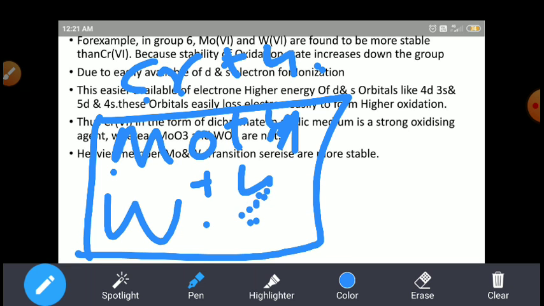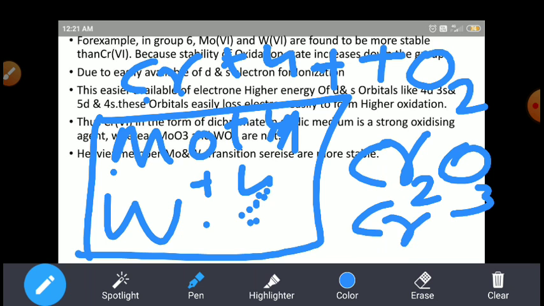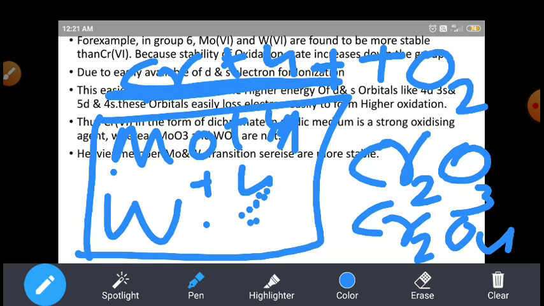So chromium bonds with oxygen or some other species to form compounds like Cr2O3, Cr2O4. So chromium is unstable at the +4 state.